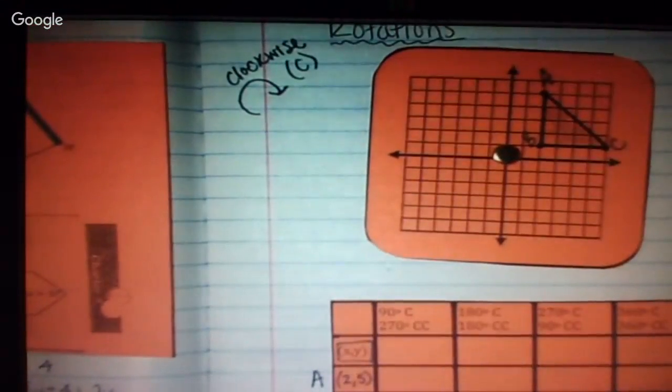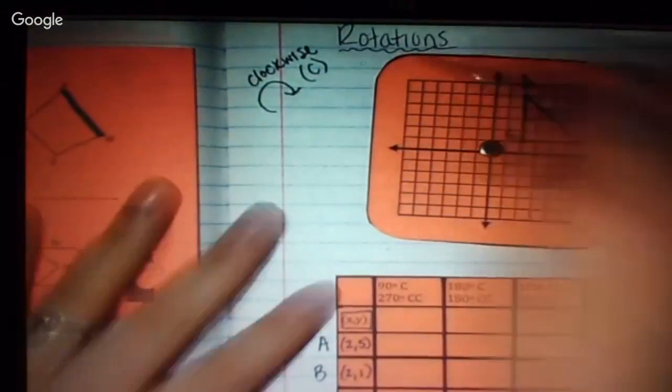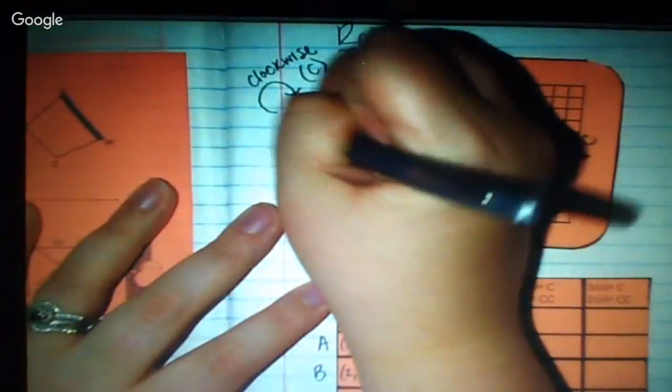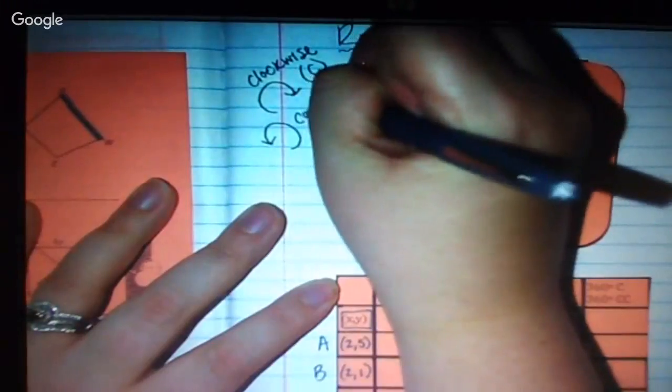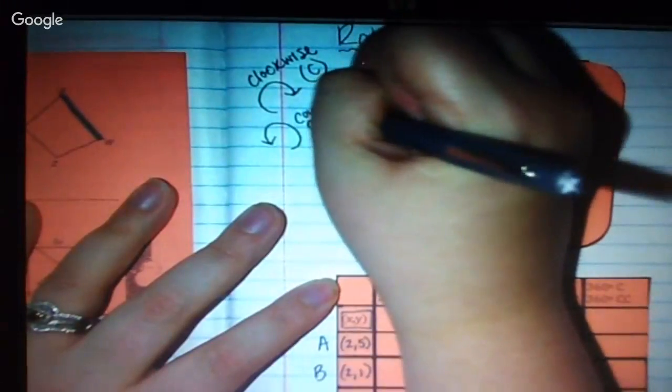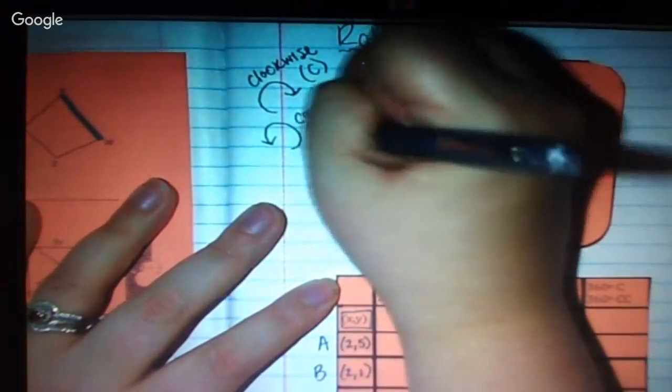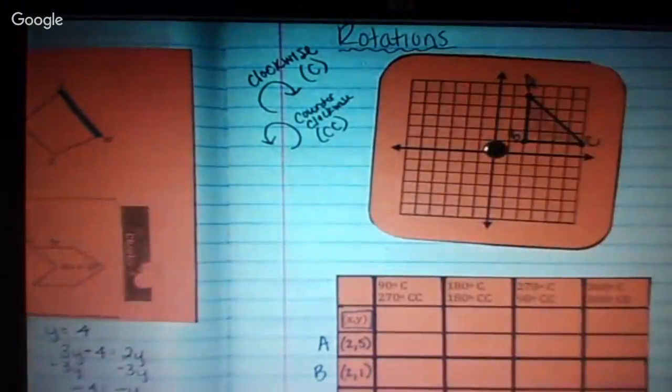They usually denote that with a C. We can also rotate counterclockwise, which is in the opposite direction, and they usually denote this with a CC.